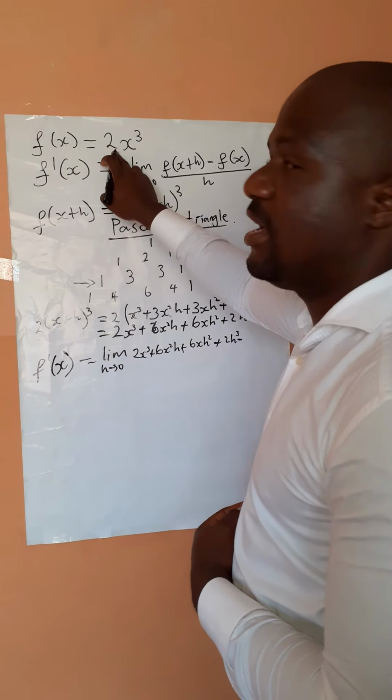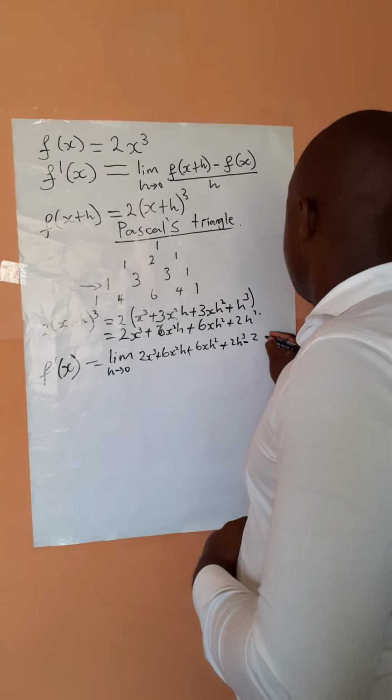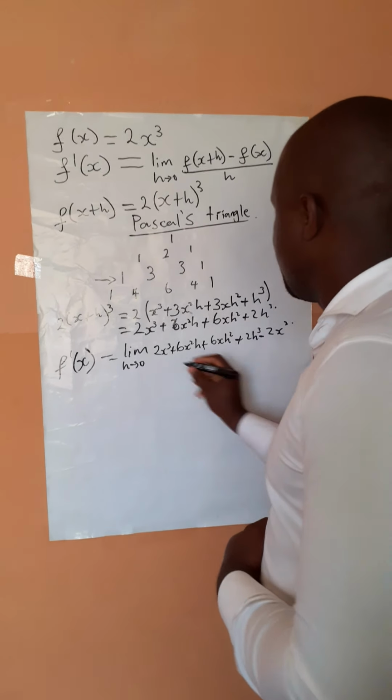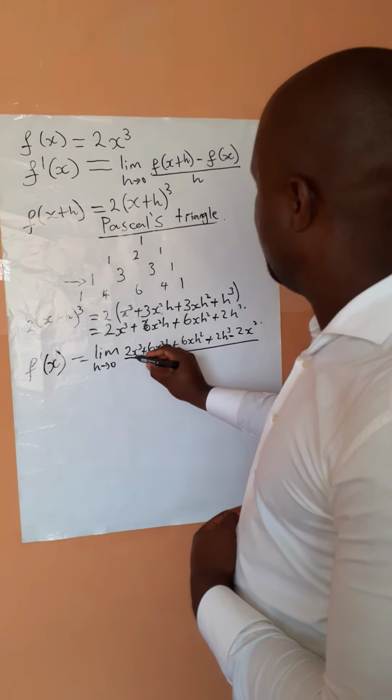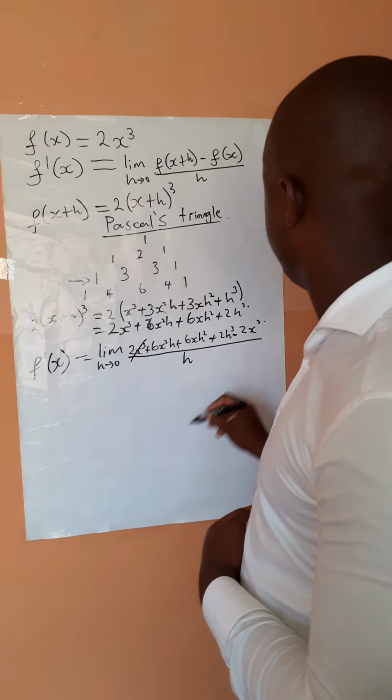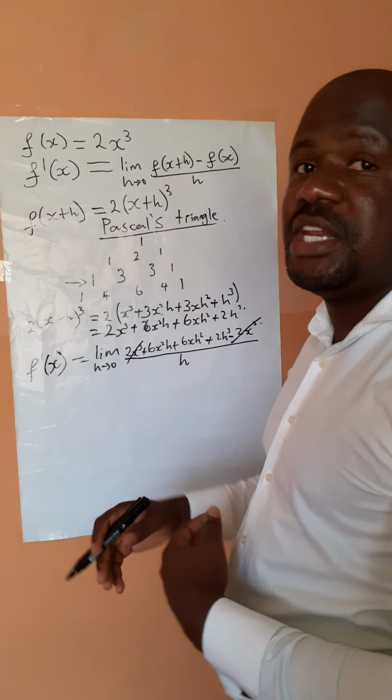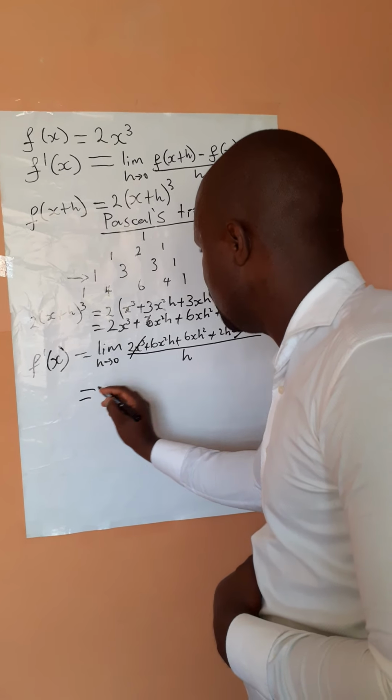The function of x we are given is minus 2x to the power 3, and this is all over h. Can you see that 2x to the power 3 minus 2x to the power 3 cancels? So we're going to go down with it.